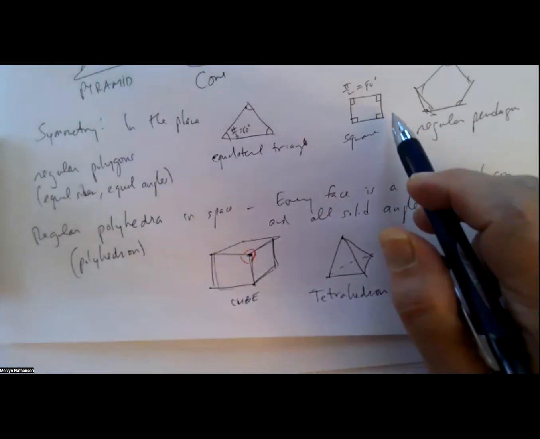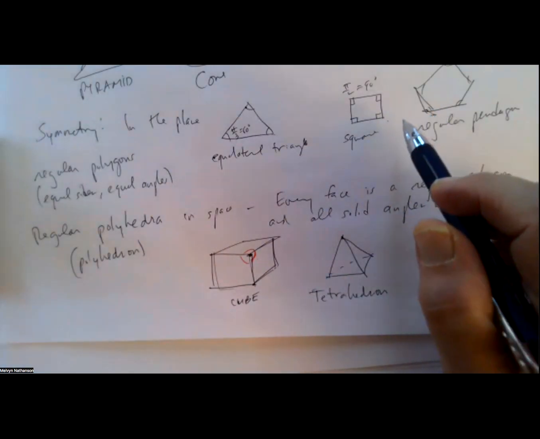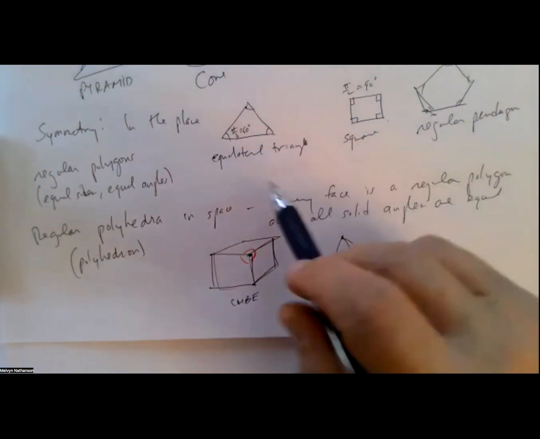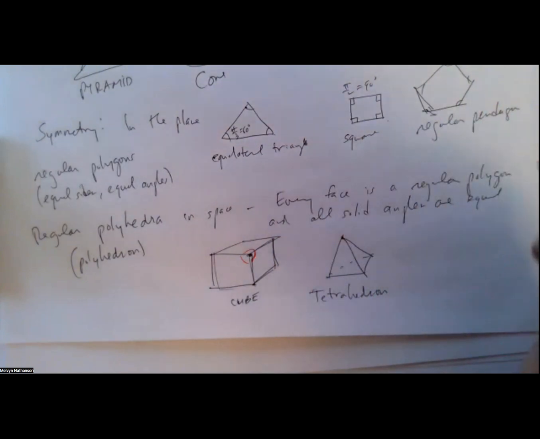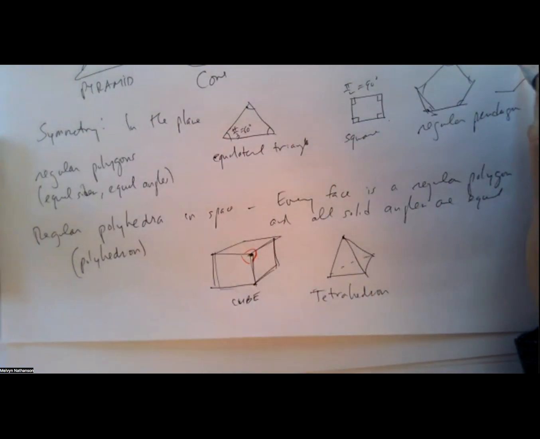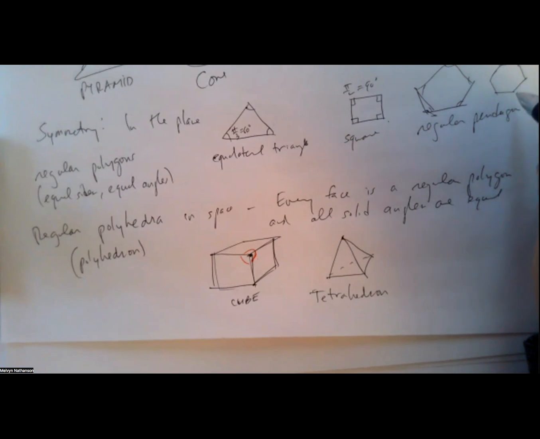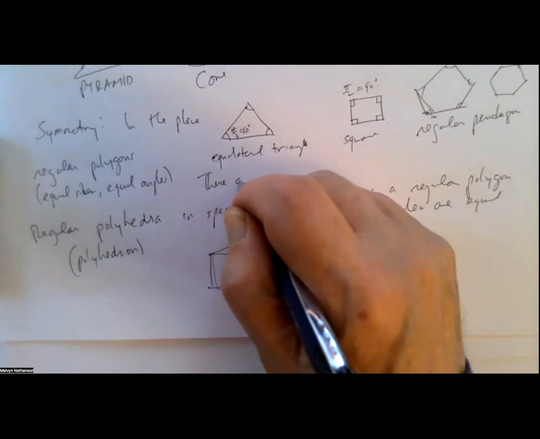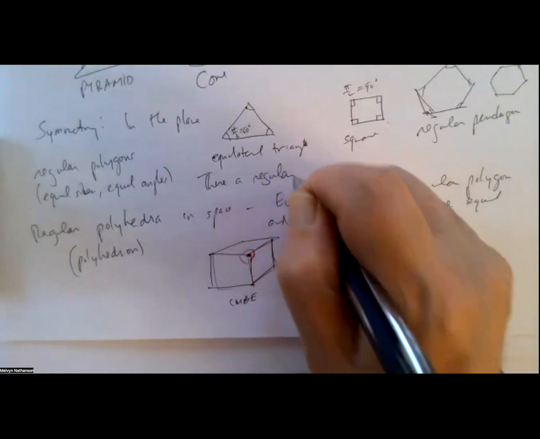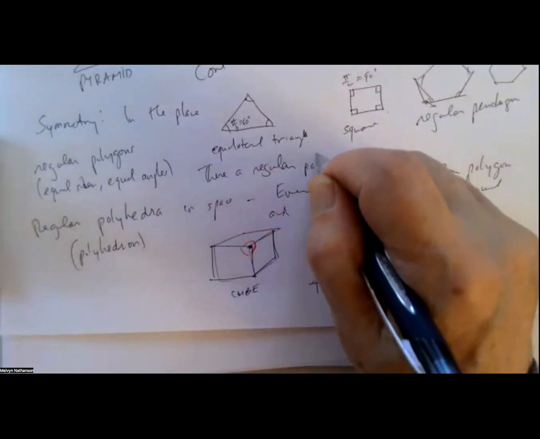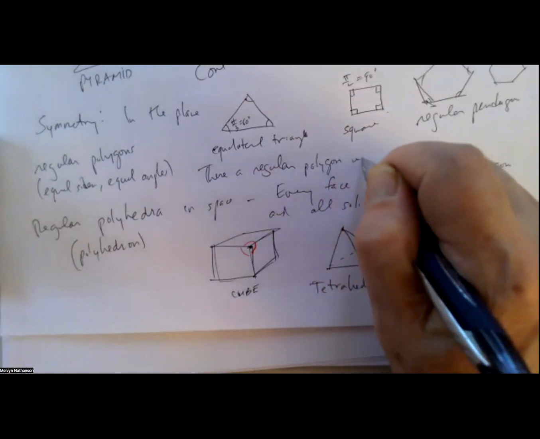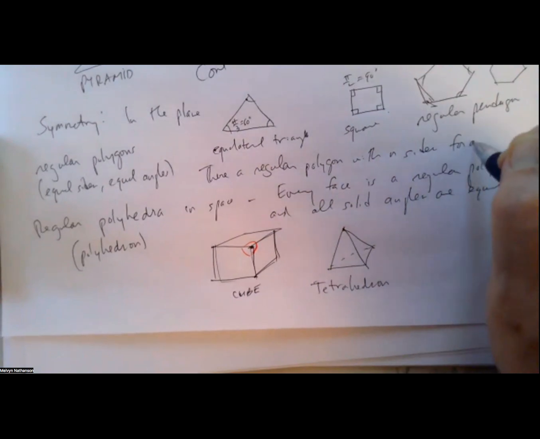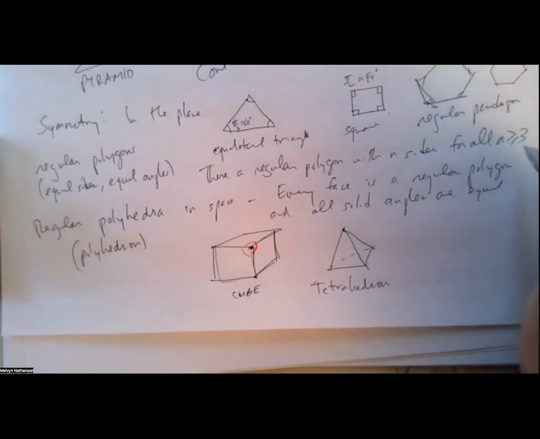Now, in the plane, you can have a regular polygon of any number of sides. Here, 3 sides, 4 sides, 5 sides. You have a regular hexagon. And for any number of sides, there is a regular polygon with n sides for all n greater than or equal to 3.